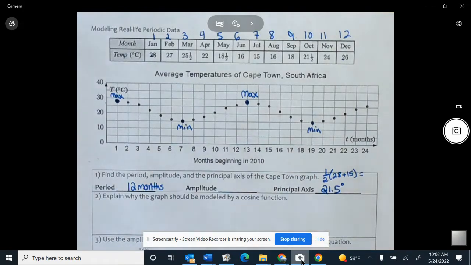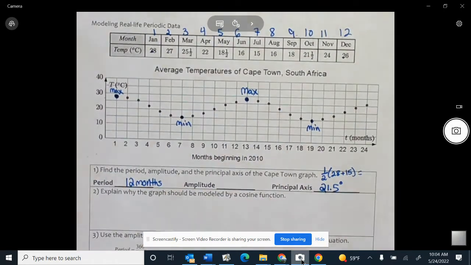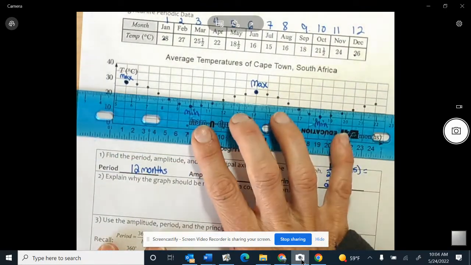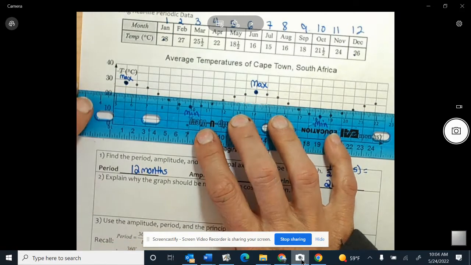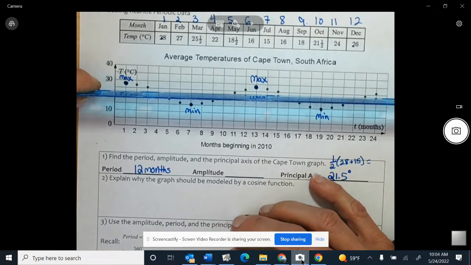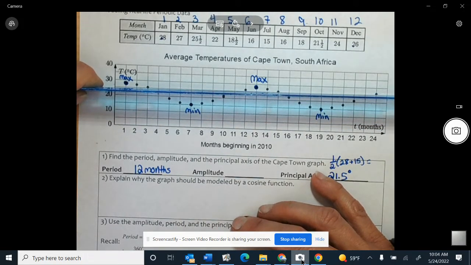I'd encourage you to reach for your ruler and draw a nice straight line. What we're going to estimate is where is that 21 and a half? And we want to make sure that we are visualizing between that minimum and that maximum.